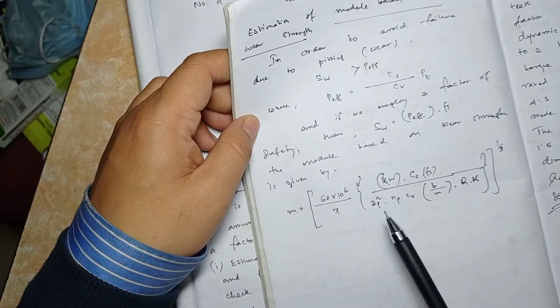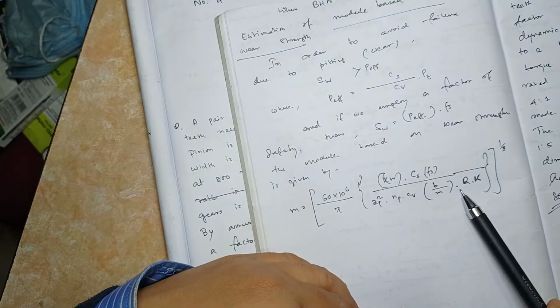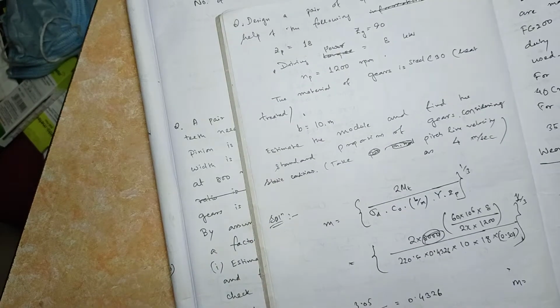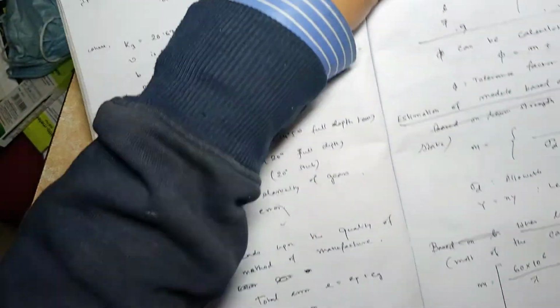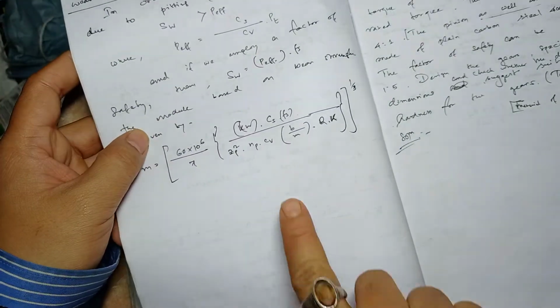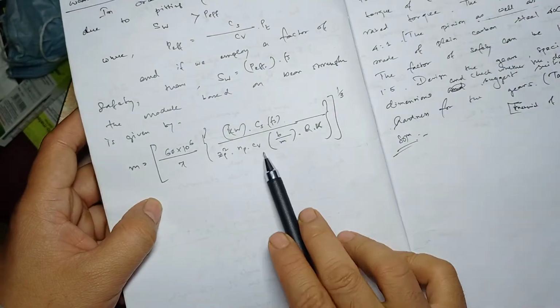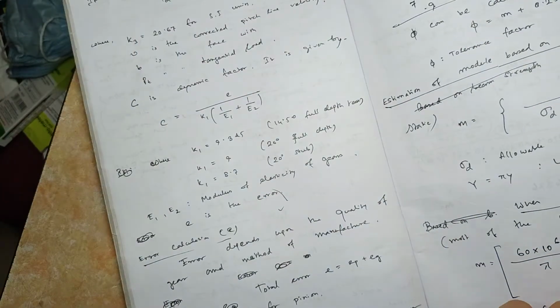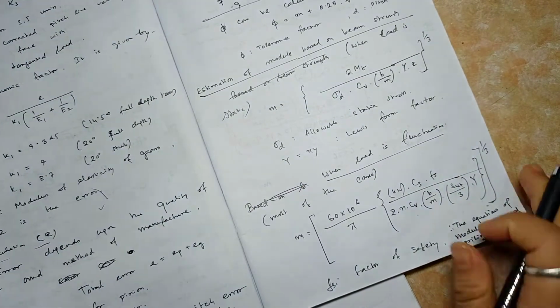The difference is small: Z square is there, and Q and K are there, and here some little bit of difference is there. Zn is not there, Z square is there, and Cp is there, and then Q and K is different actually. See, here we have Y, the Lewis form factor.